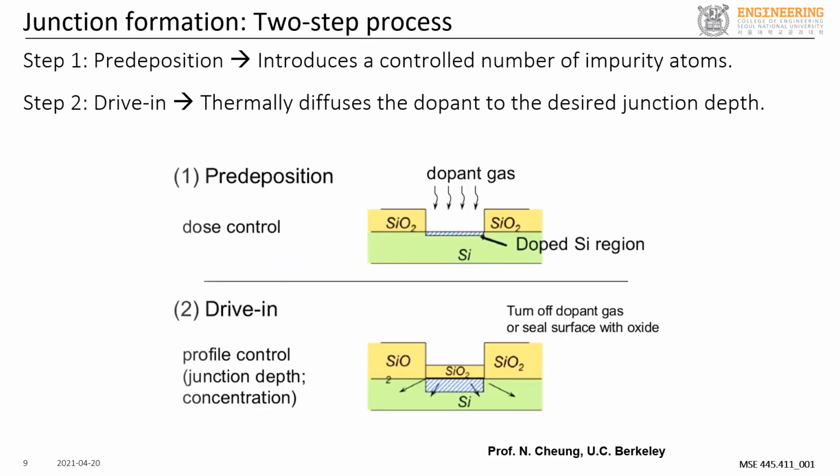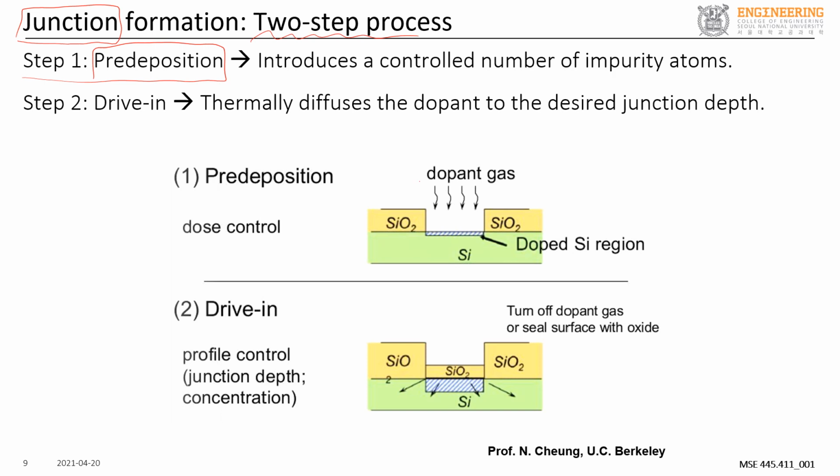Usually when you form a junction in silicon or a semiconductor, we follow two steps. Sometimes these two steps are not well separated, but we can call it a two-step process. The first step is called pre-deposition. What you do is create a small region where you have a high concentration of dopants or impurity atoms.